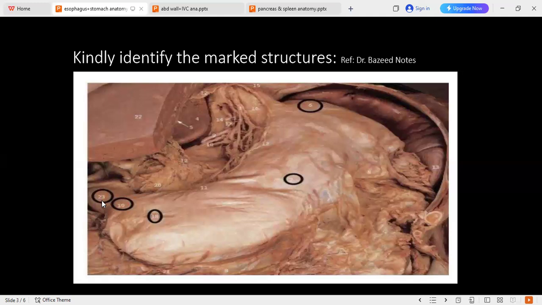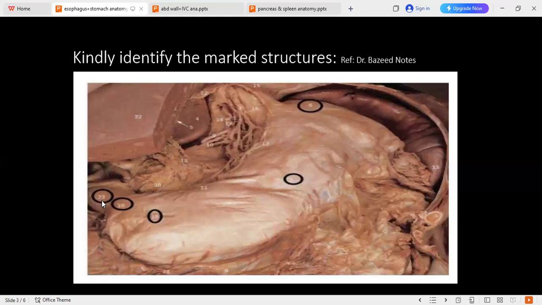That would be the right renal vein, left renal vein, left renal artery, and the splenic artery, pancreas, the body of the pancreas, the head of the pancreas and the body.